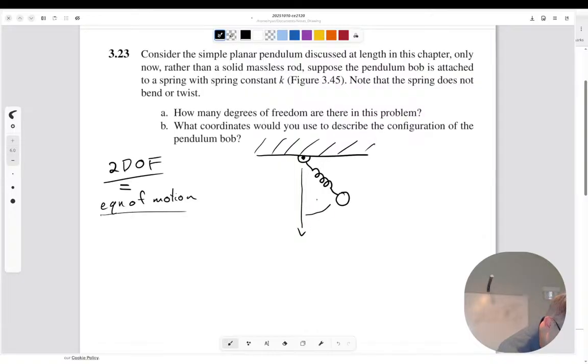Kind of like this. That's my e_r unit vector, if we decide on polar coordinates. So the position is R times that unit vector e_r.